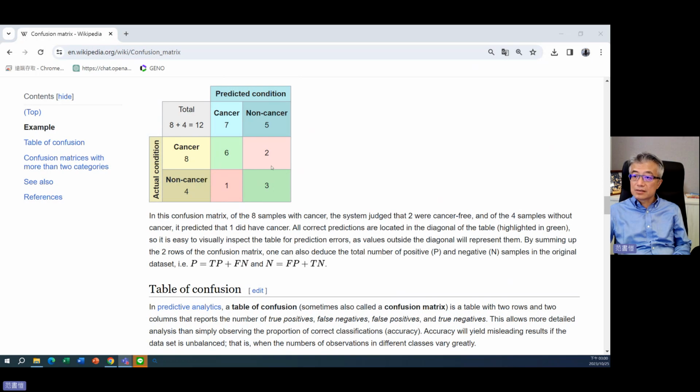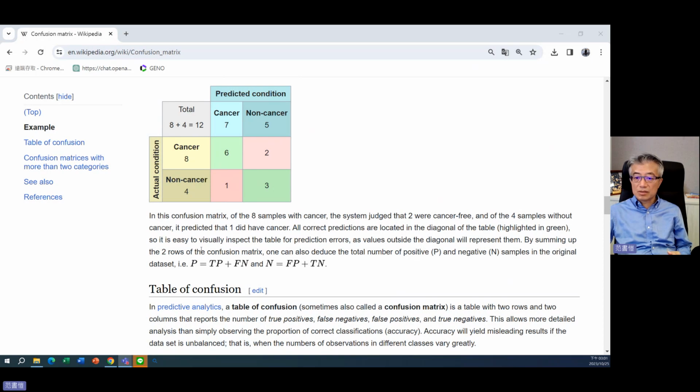So A, this is right here. And out of the 4, for example, without cancer, it predicted 1 has cancer. So this is an error, indicated by pink. All the numbers marked in green refer to the correct predictions. So it is easy to visually inspect the table for prediction errors, only related to the pink, as the values outside the diagonal will represent them.